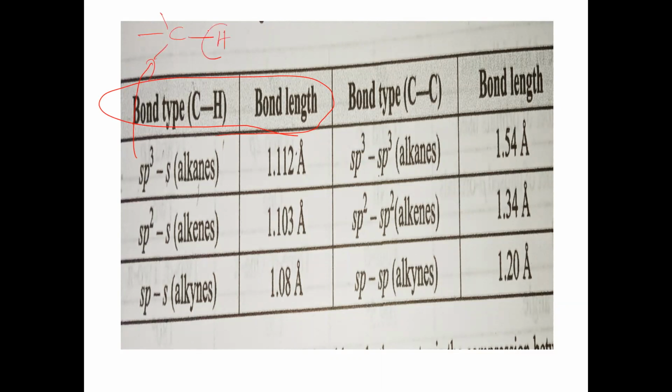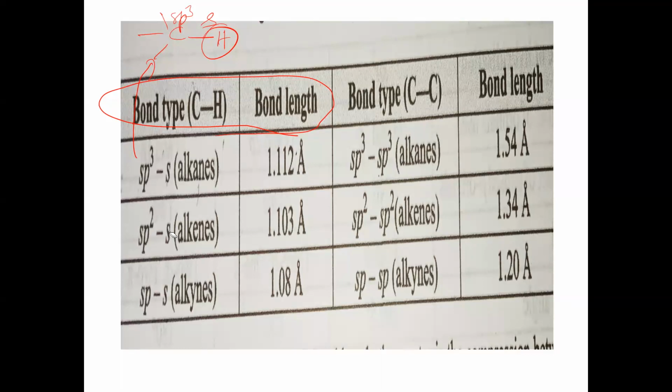Hydrogen has a pure s orbital and carbon has sp3. So between sp3 carbon and s orbital, the bond length in alkanes will be 1.112 angstroms. No need to memorize, but try to understand the decreasing or increasing order.